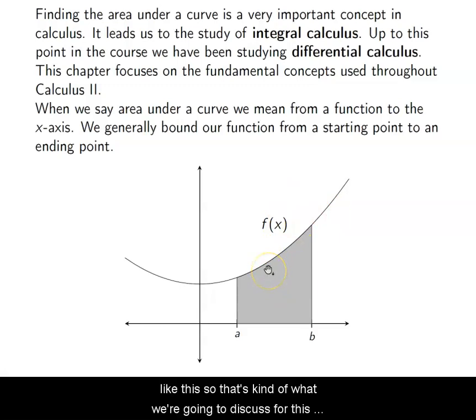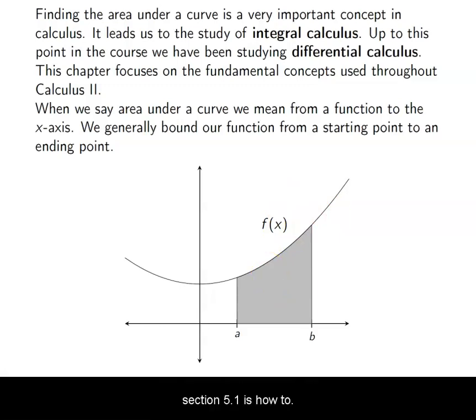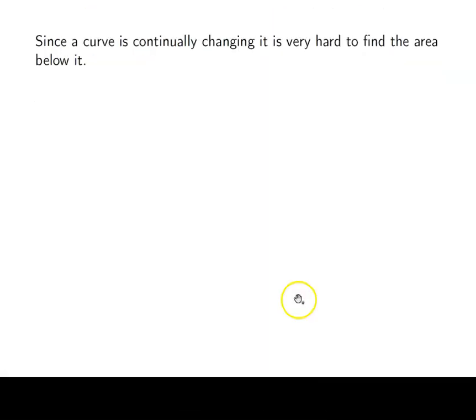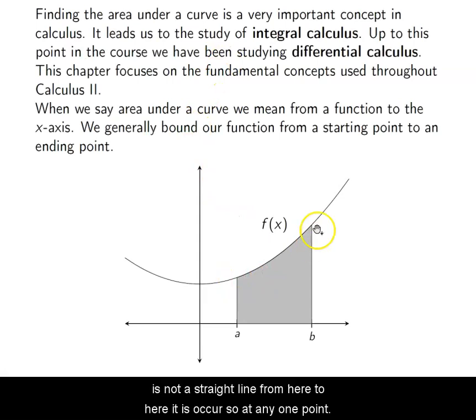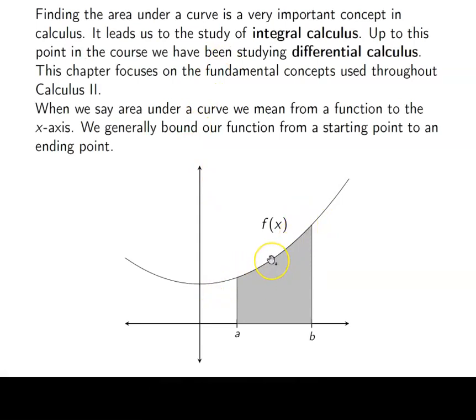So that's what we're going to discuss for this section 5.1, how to figure out the area under this curve. Again, a curve is continually changing. It is not a straight line from here to here. It is a curve. So at any one point, it's changing at some rate, which is given to us by a derivative, right?